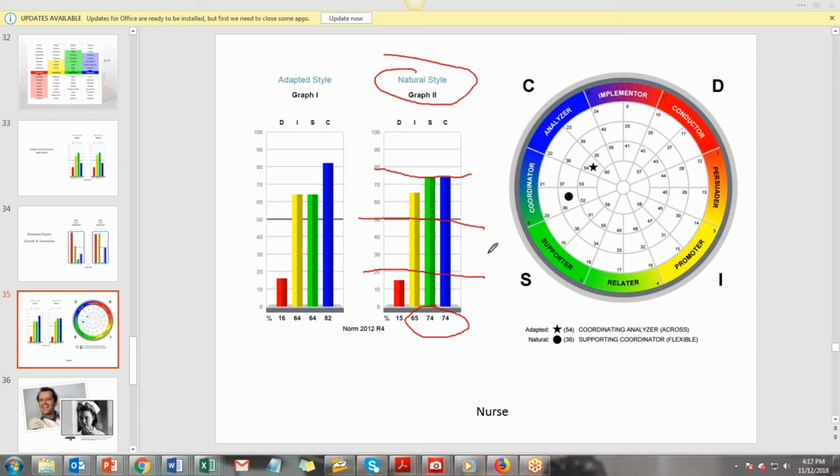So what does it mean if you have 3 colors above the energy line? What does 3 colors mean? So we have high here, we have low, and then we have moderate.